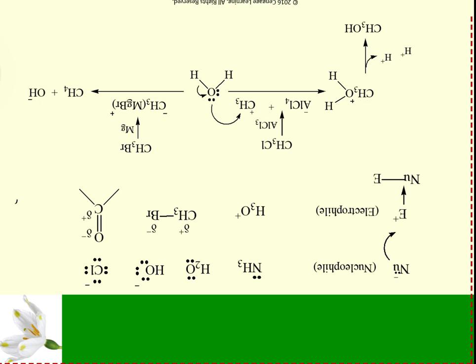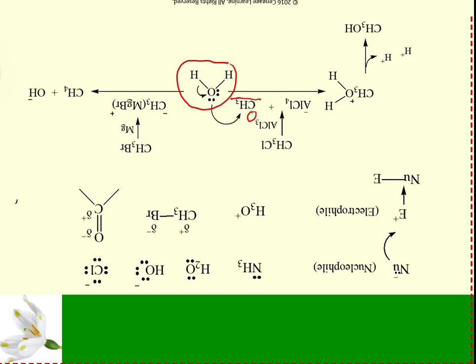The next step is the reaction with the water, right? Now, if the water reacts with the CH3 plus, then this CH3 plus is an electrophile, and water could be electrophile or could be nucleophile.